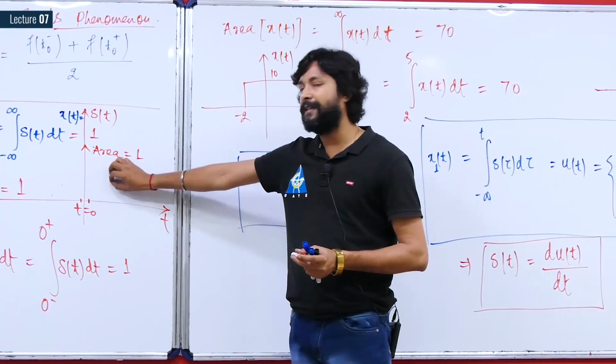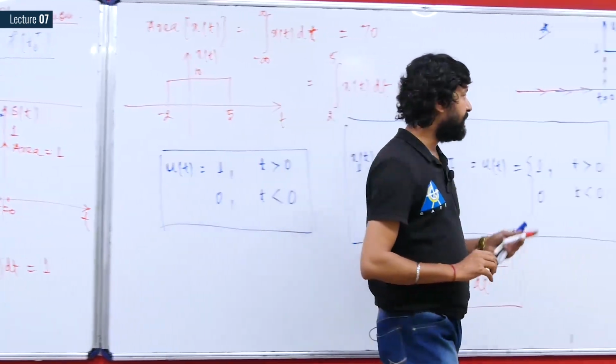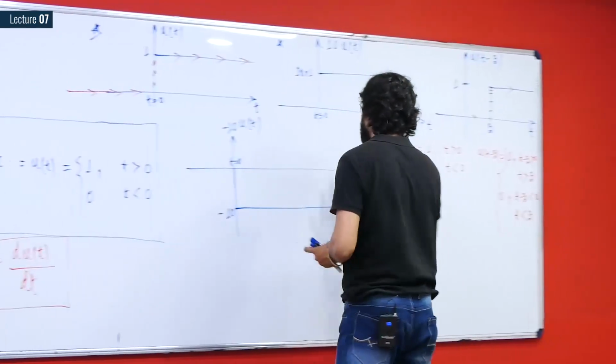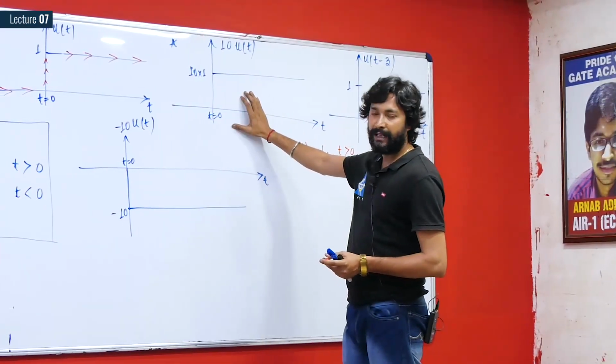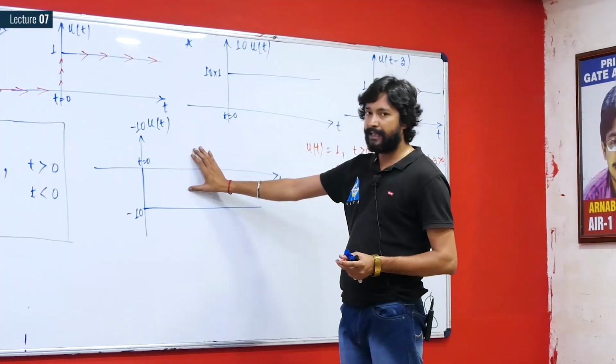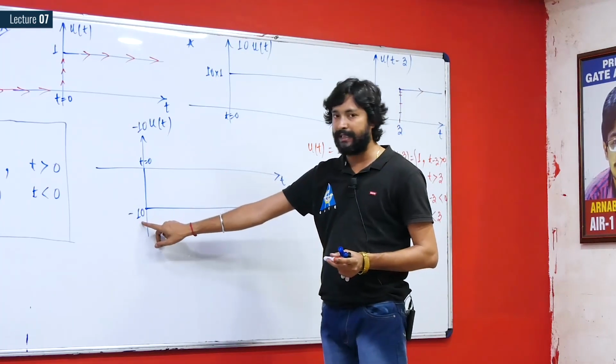We will be discussing this function in more detail, but for the time being we were seeing the operations on a step function. First we defined amplitude scaling, then amplitude reversal with amplitude scaling.